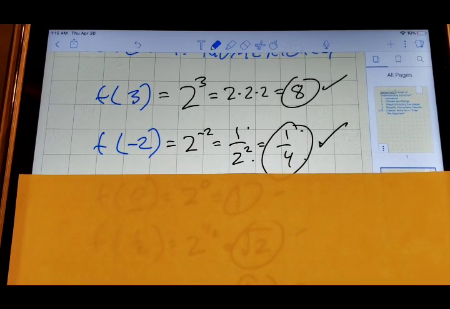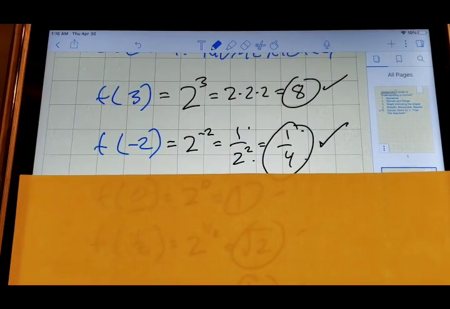Anyhow, what does a negative exponent do? Negative exponent means 1 over that. So 1 over 2 squared, and that equals 1/4.